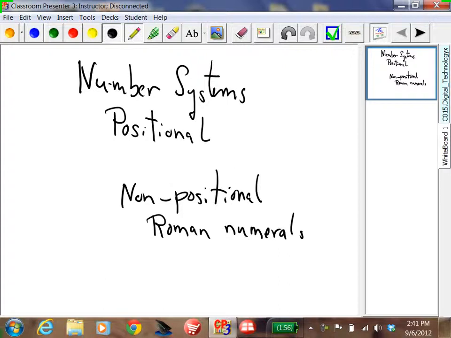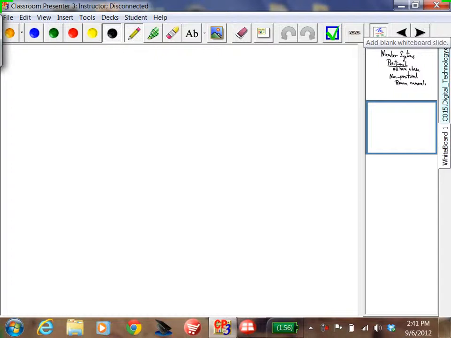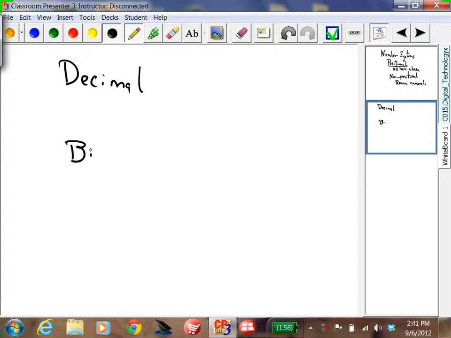Now, the positional number systems, they all have a base, okay? And what is the base? So we talked about the decimal number system, talked about the binary number system, talked about the hexadecimal number system.